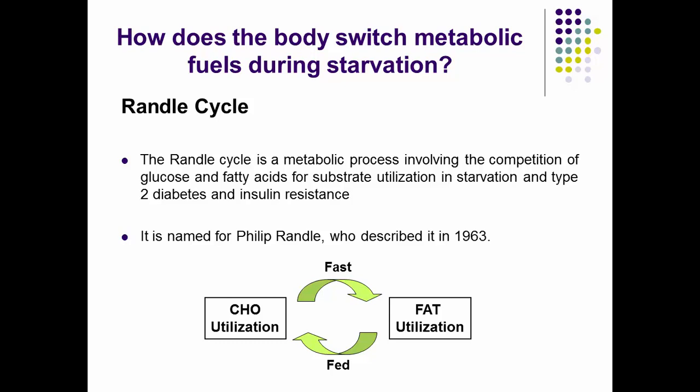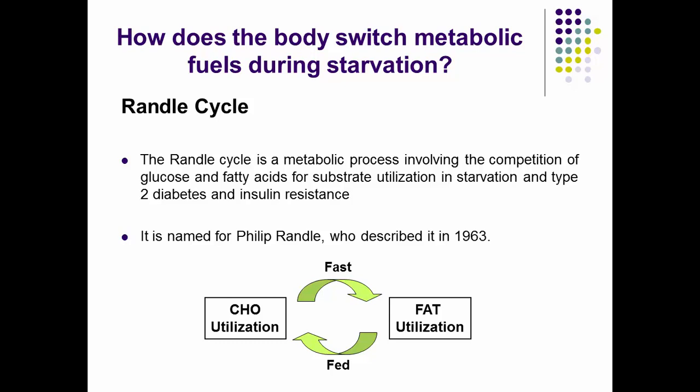So that means in the fed condition, our body mostly utilizes exogenous fuels and primarily carbohydrate as the major energy fuels. And during the starvation, our body utilizes more fatty acids and saves glucose, right, in the starvation.